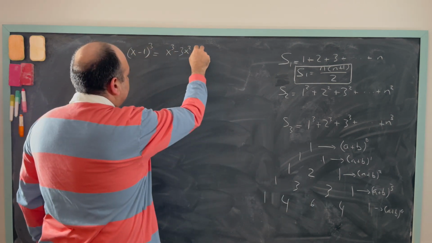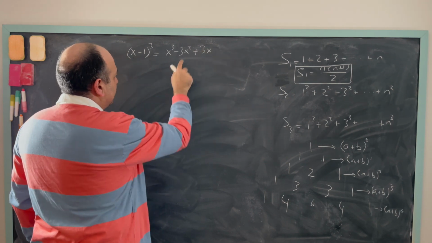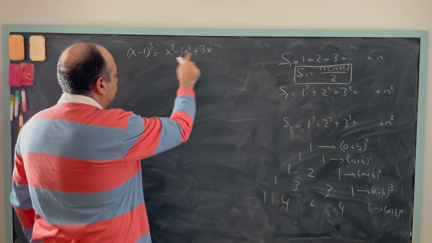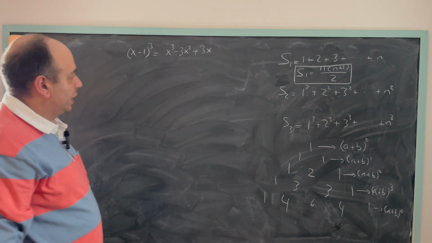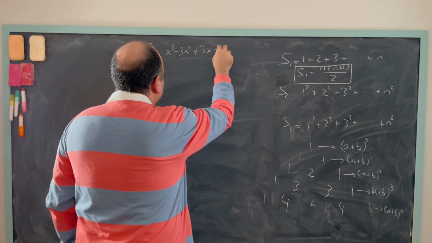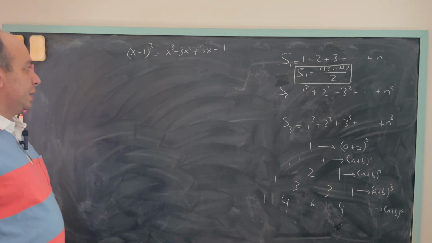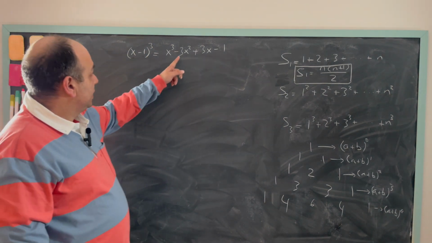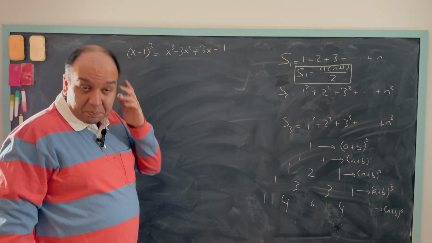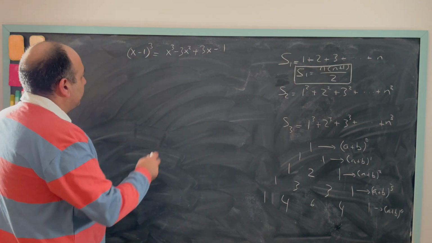And then the next one is plus 3x. Drop the power by 1, increase the power by 1 for 1. So minus 1 to the power 2 is just 1, plus 1, and then minus 1. Okay, this is good. So x minus 1 cubed is simply equal to x cubed minus 3x squared plus 3x minus 1. Okay, I hope you all remember that.